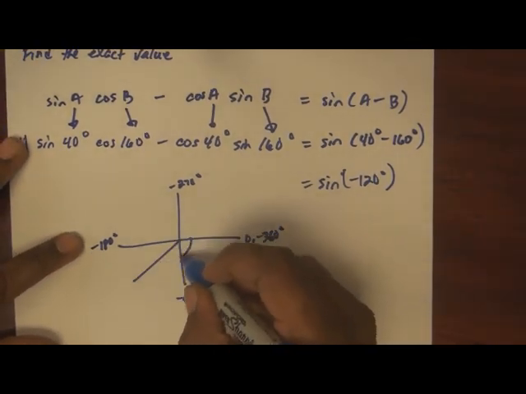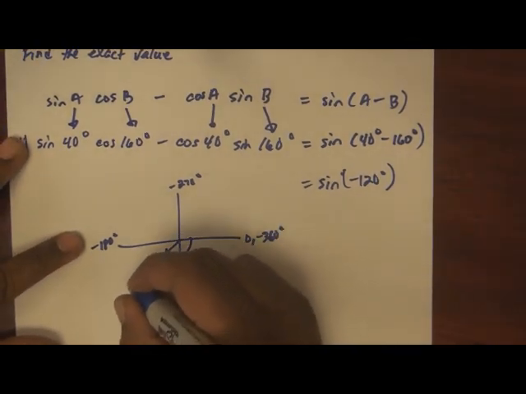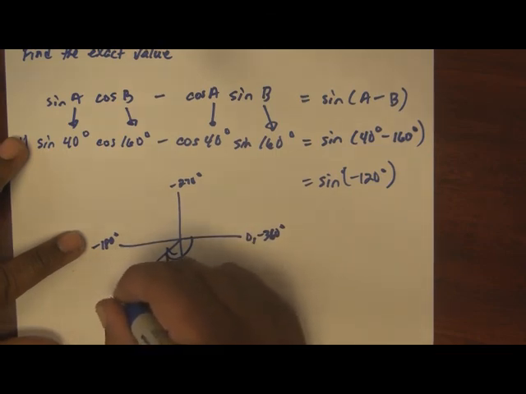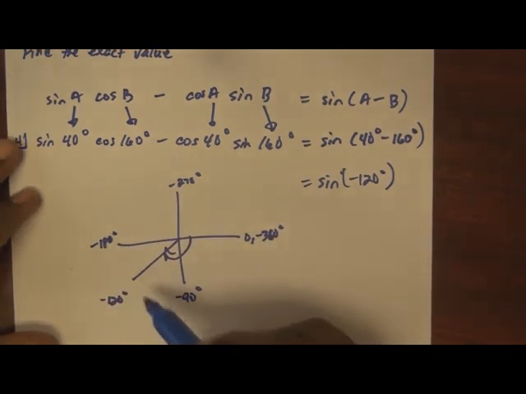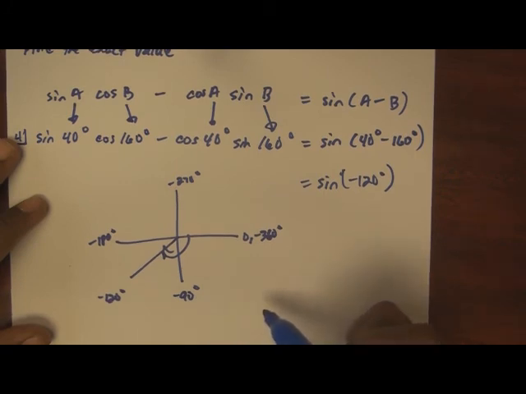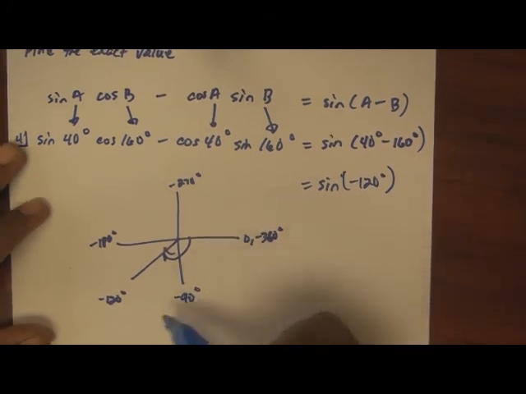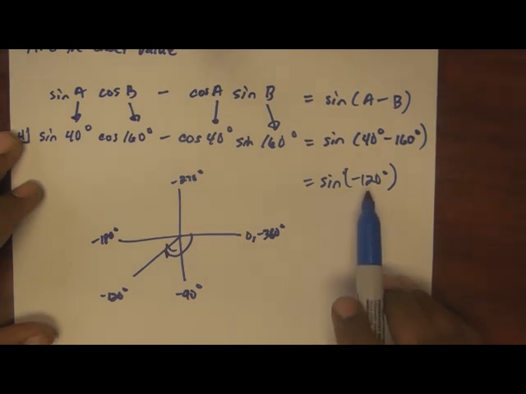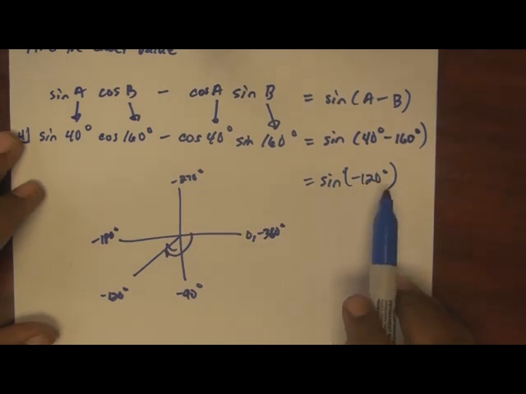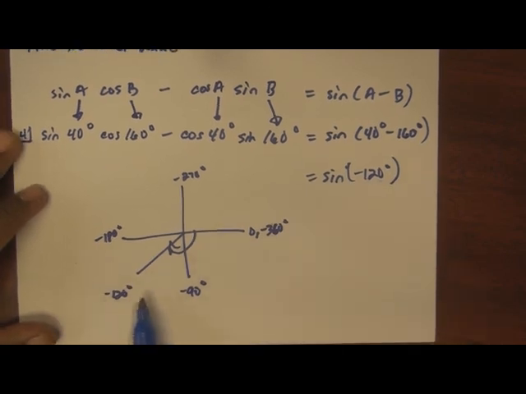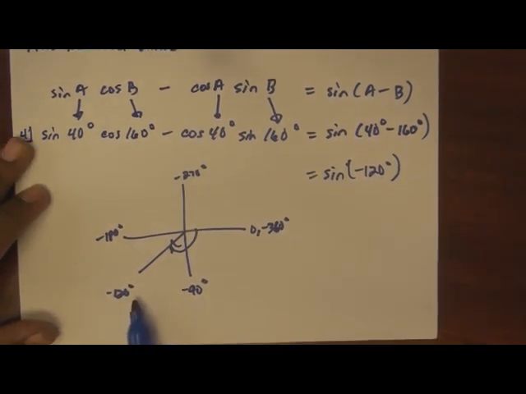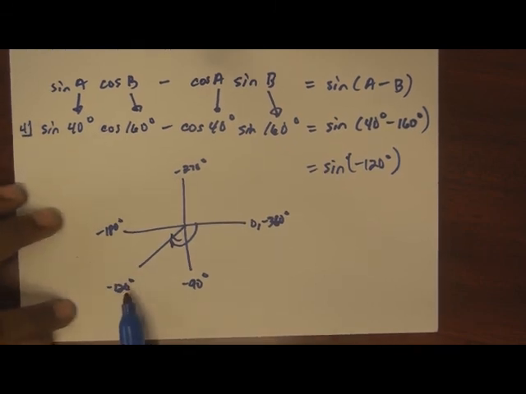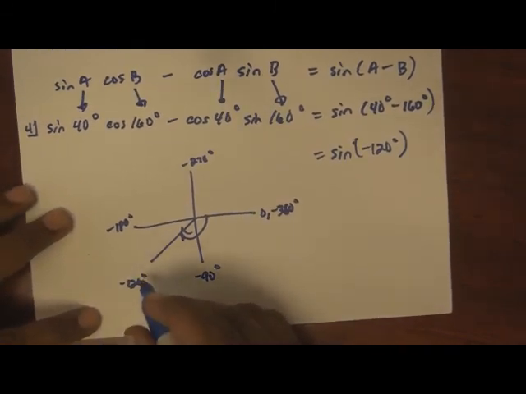Negative 120 is an angle in the third quadrant. In order to use the unit circle to find the exact value for the sine of negative 120, I simply want to rewrite this as a positive angle between 0 and 360. So I'm going to add 360 to negative 120.